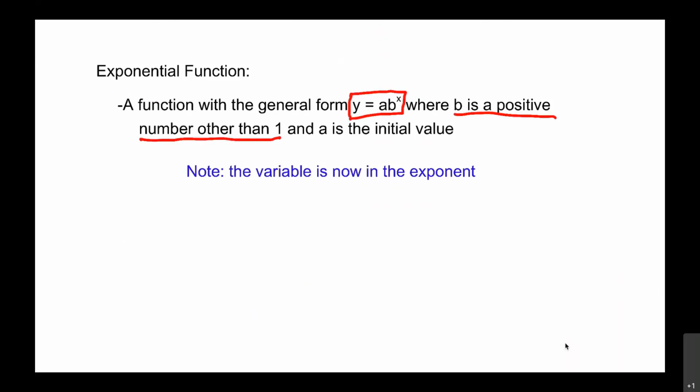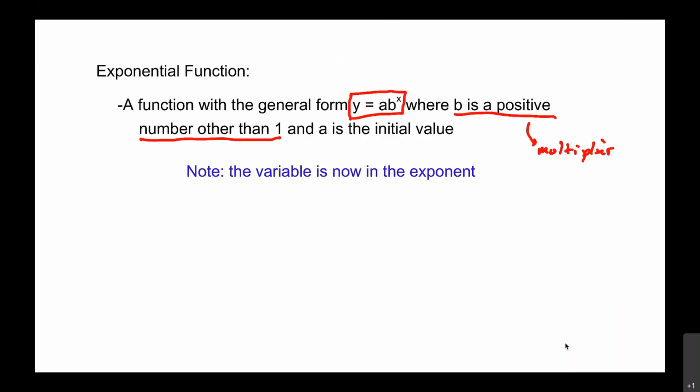Your b value is your multiplier. Because it's raised to the x power, you're multiplying it x number of times over and over again. So I'll add that in here: this is your multiplier. The b value is your repeated multiplication.